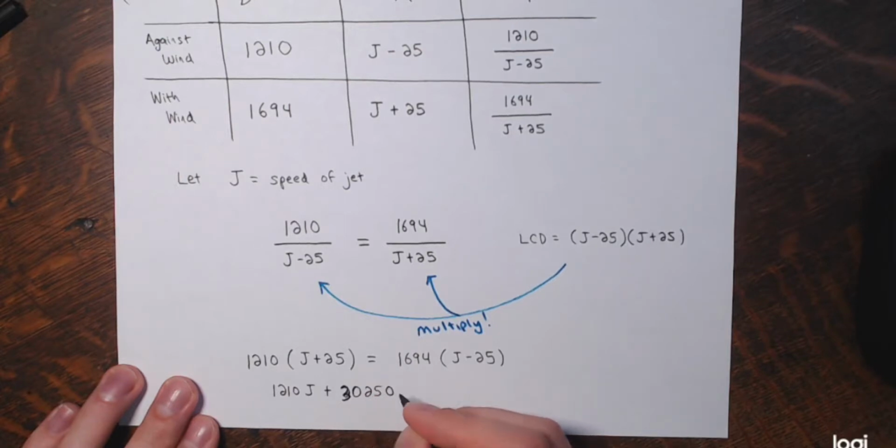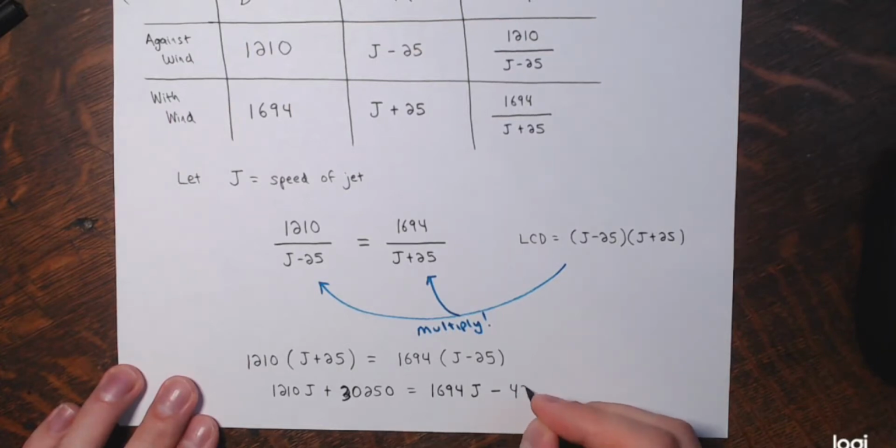30,250. Then on the other side, again distributing the 1694, we have 1,694 times J minus 1694 times 25 is 42,350.